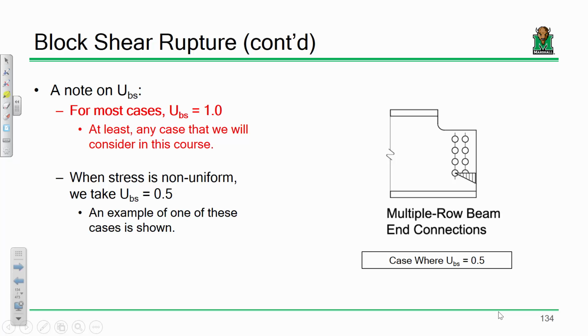How do I connect that so that the floor sits level? Well, what I do is cut a chunk of that out so that it can come in and sit flat, and so I can bolt those together. That's called a coped section, when you cut that part out so that when you connect it to a girder, the floor remains flat. And if you ever have multiple rows on a coped section, you take UBS to be 0.5. Everywhere else, UBS is 1.